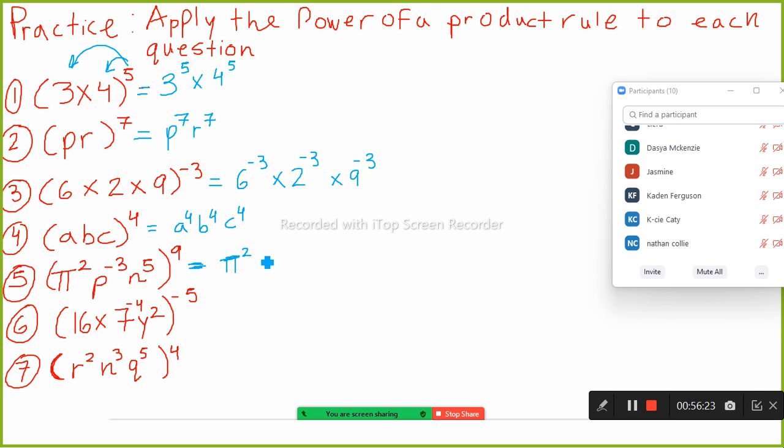Okay, good. And n to the power of 5. And then there's also a 9, so you have to multiply the powers by 9. Okay, excellent. So we're going to put 9 on each of them.